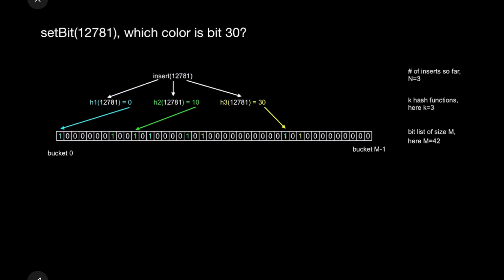Now there's a third operation, set bit 12781, and this again maps to 3 buckets, and then here you already see the collision. Collision as in standard hash tables. This bit was already set by a previous insert. Now I'm setting it again with a different key. So which color has this bit?